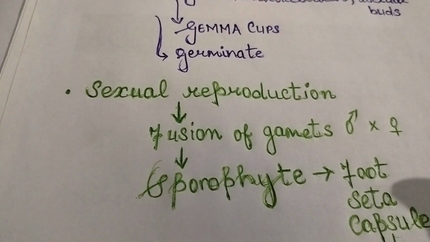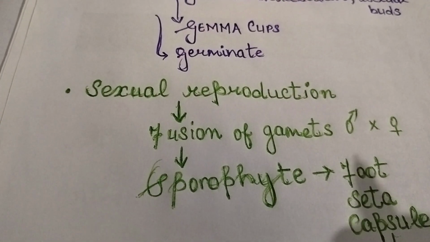The plant body is attached to the substratum with the help of what? Rhizoids. Now this sporophyte grows and forms a capsule at the apical portion. This is known as foot, this is known as seta, and this is known as capsule.